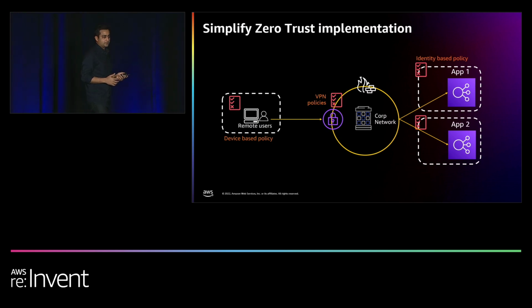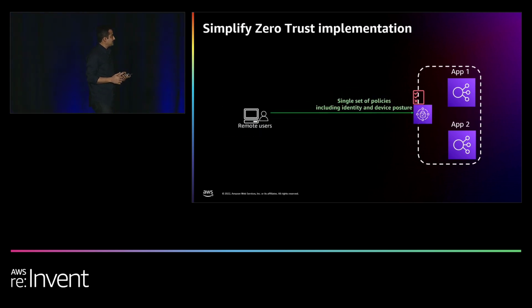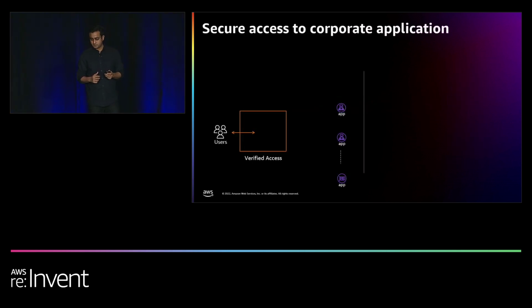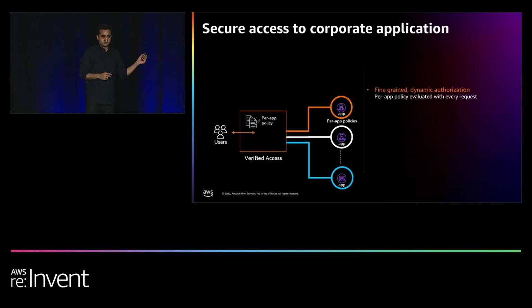So this is how it looked previously. Now it's quite simple. Users don't need any VPNs. From a security perspective, you manage all your applications in one single place. Now let's look inside Verified Access, how it works. It does 3 things. The first thing is the policies.